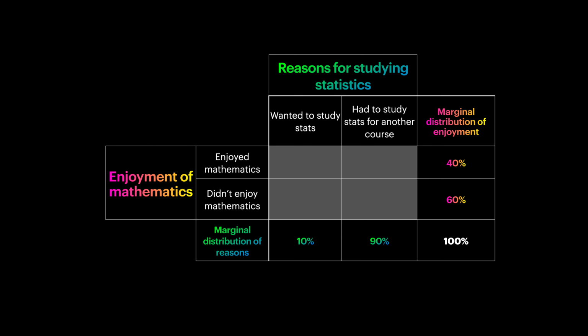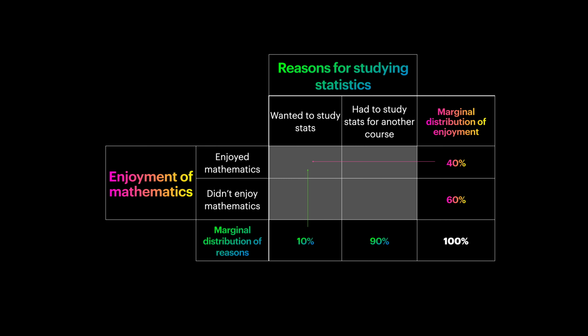If we were writing this as a formula, we'd need to have two different variables for the formula for the joint distribution, because we're looking at situations where two things are true. In the top left-hand cell, we're looking at students who enjoyed mathematics and wanted to study statistics. So when two things are true, we're looking at a both-and situation, and that means we use the multiplication rule.